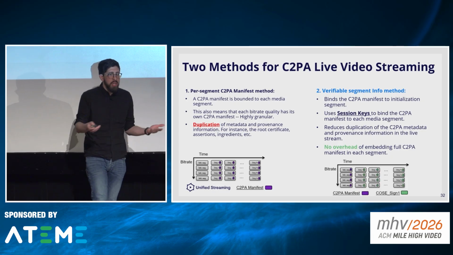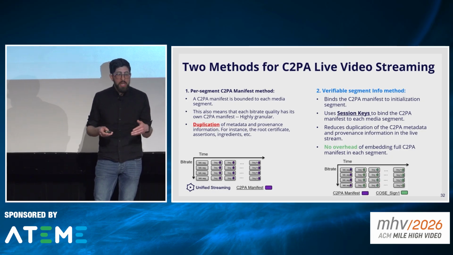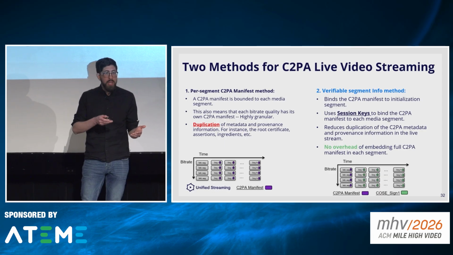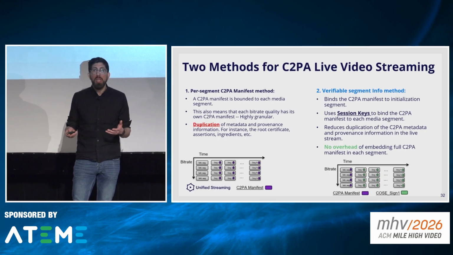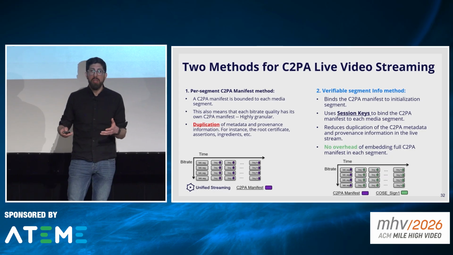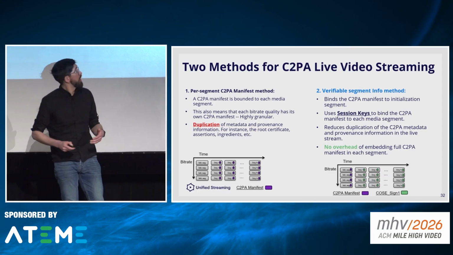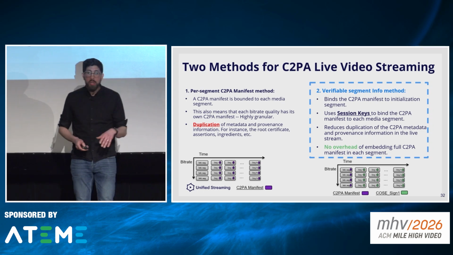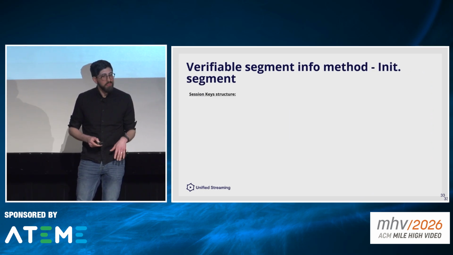Also, a visual representation of this is that in the init segment, we have the C2PA manifest for all different representations. And in the media segment itself, we have a COSE signature that binds the C2PA manifest to the segments. So in this work, as I said, we chose the verifiable segment info method.